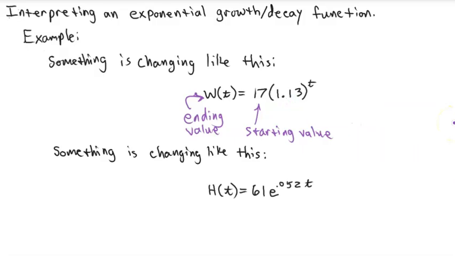For any discrete growth or decay, whatever is inside the parentheses, 1.13, just subtract 1, which will be 0.13. That equals r, and then we multiply 0.13 by 100 and we get the percentage, 13%, okay?